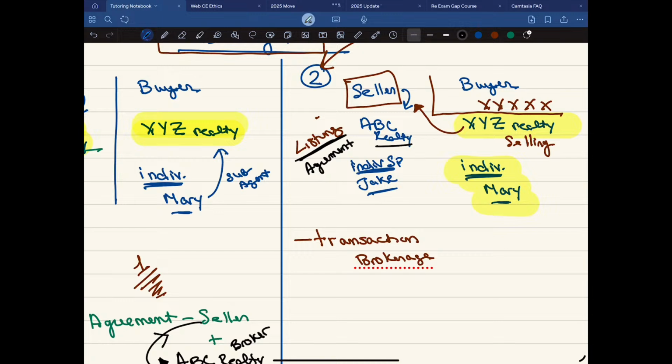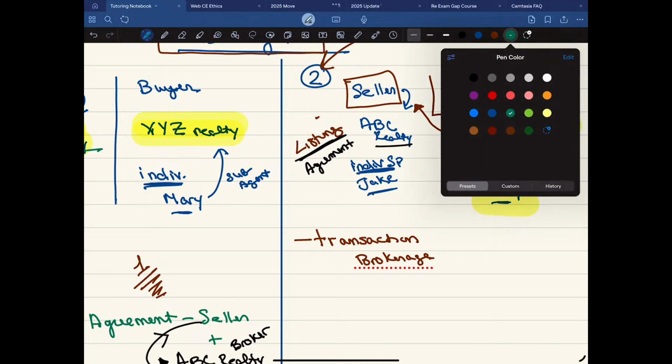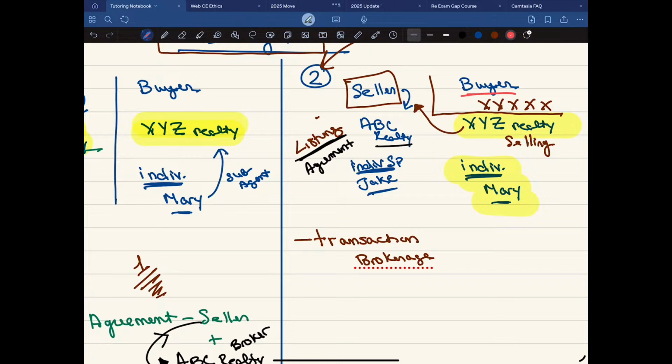Now, let's say, and especially now with these changes to what has to happen if you're a realtor, this buyer is shown homes by XYZ Realty. XYZ Realty just shows the house. That doesn't make them an agent of the buyer. You have to create buyer agency. And the buyer could say, no, you can't represent me.